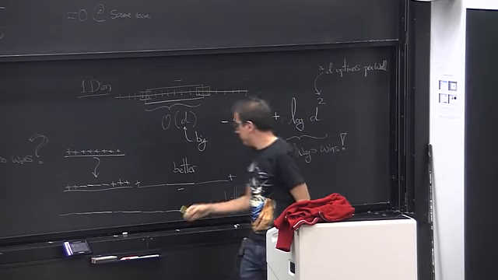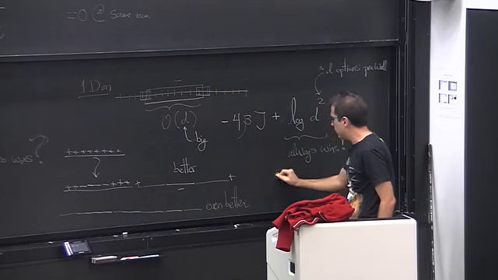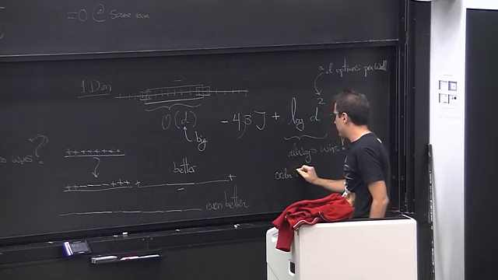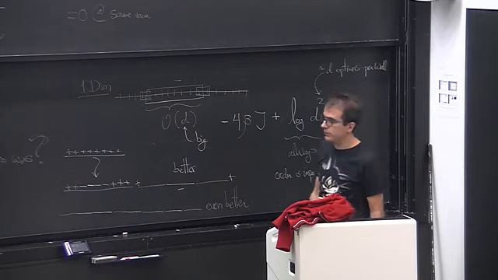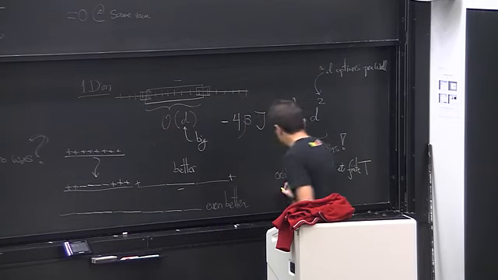So what we conclude is that order is impossible at finite temperature in one dimension.